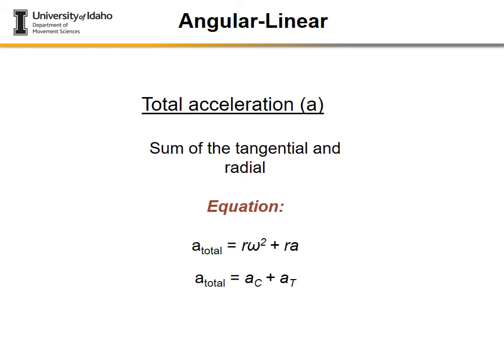So bringing it all together, when we talk about the linear component of acceleration, you have a total acceleration, or linear acceleration, which is comprised of the tangential and the radial or centripetal acceleration. These components are combined through the Pythagorean theorem. But I first want to represent what this was in the last slide, and that was a sub r. So I'm going to try to draw this a little bit better. In the last slide, you had a sub r coming off to a corner in this direction.